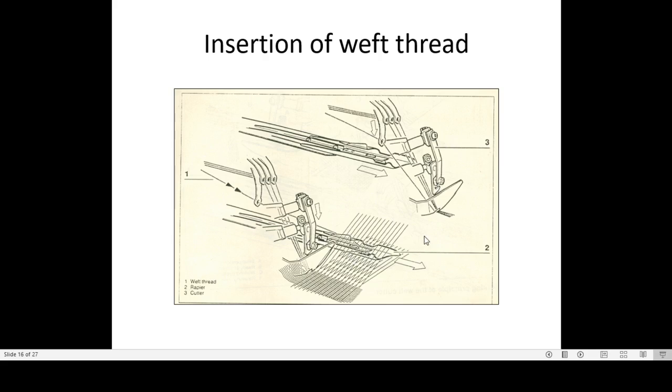This is the cycle. We will explain elaborately how the cutter works in the next slide.